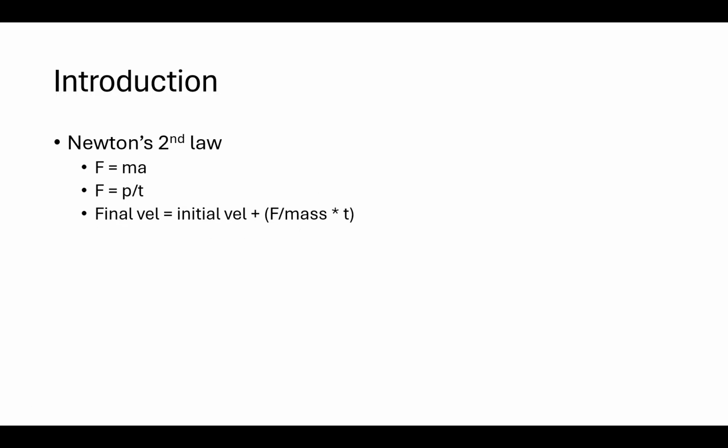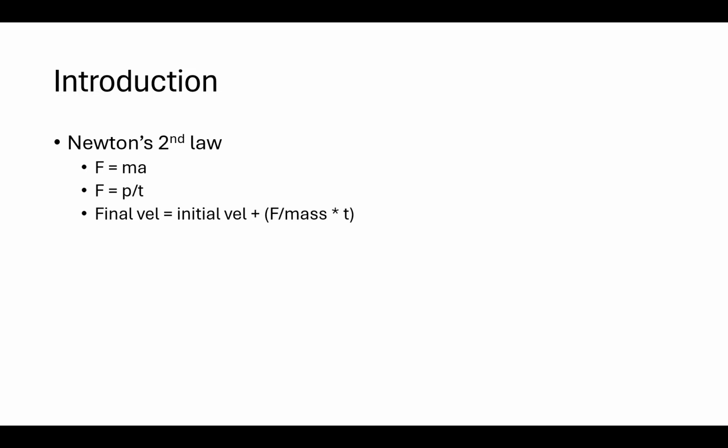Okay, Newton's second law. Famously, force equals mass times acceleration, interpreted as net force equals change in momentum over change in time, which can be further interpreted as momentum change equals net force times change in time. Further interpreted as final momentum equals initial momentum plus net force times change in time.